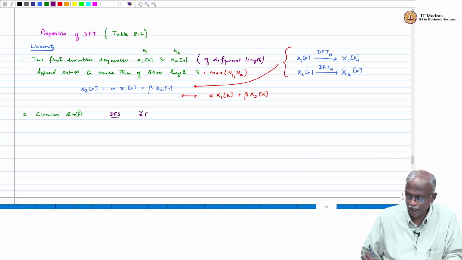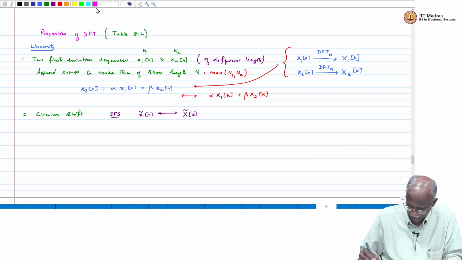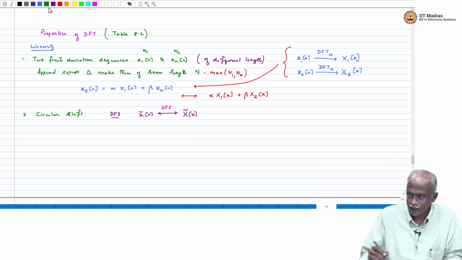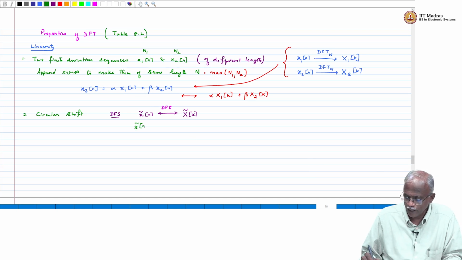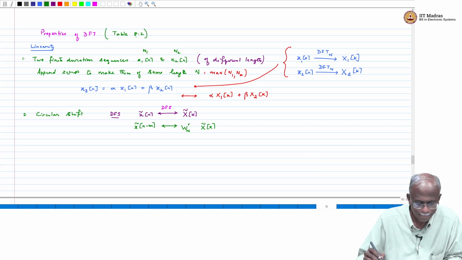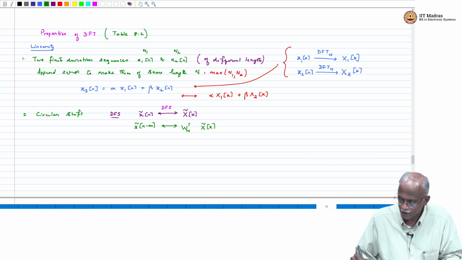If I have x tilde of n with the corresponding DFS given by X tilde of k, then we know that x tilde of n minus m gives a result which is the original DFS coefficients multiplied by a complex scale factor, W_N^{km}.